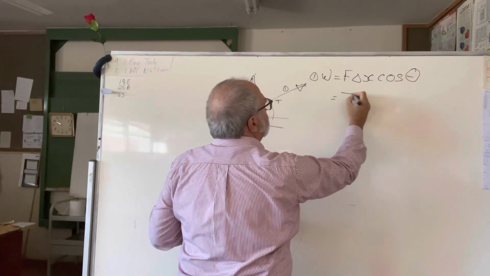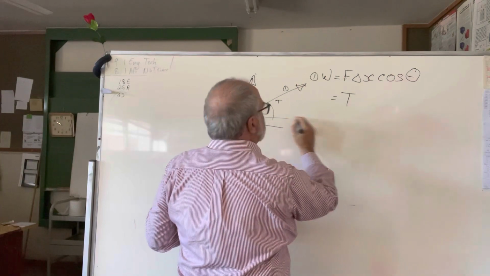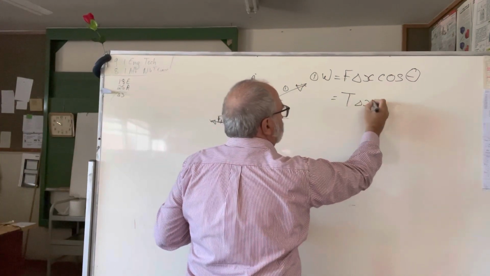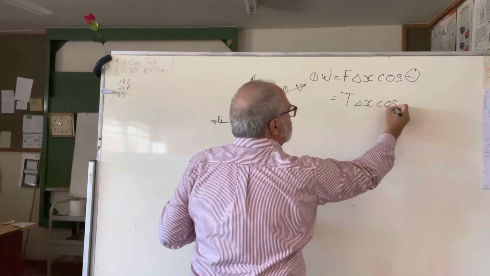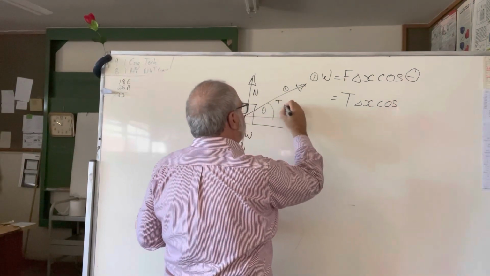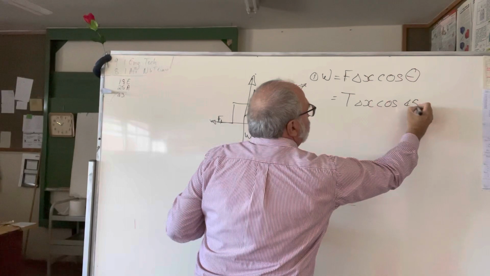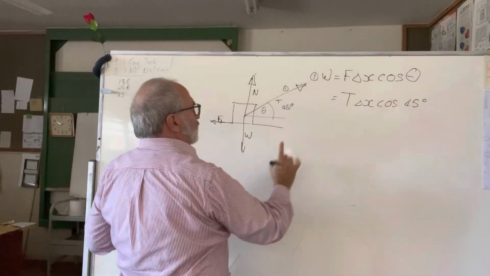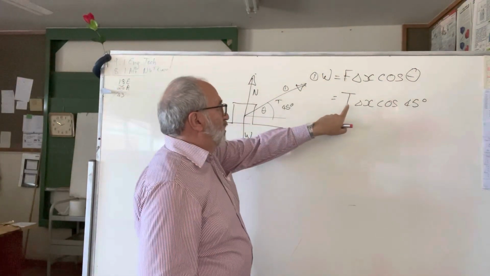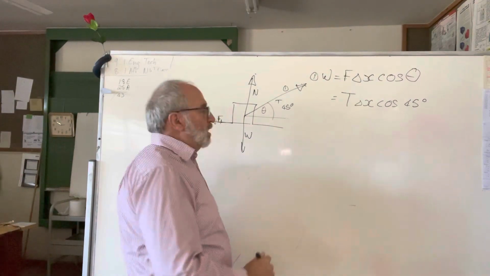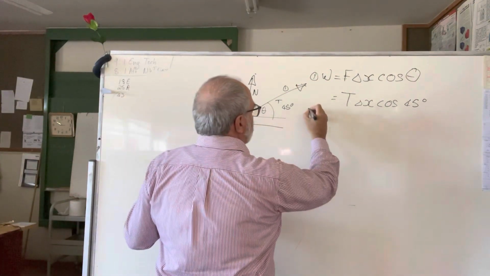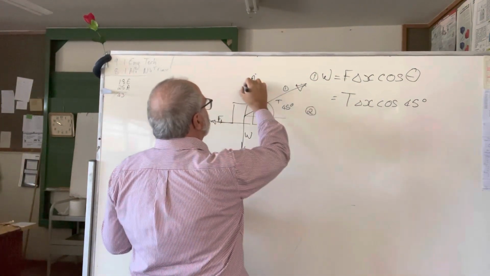Nou F is T, and delta X is delta X. And the cos is just this angle if it's 45 degrees or whatever. Cos 45 degrees. Okay. En hom kan mens uitwerk. Hulle gee gewoonlik vir ons die een of daai een, dan kan jy die werk uitwerk. Die tweede een is nou hier na boontoe.